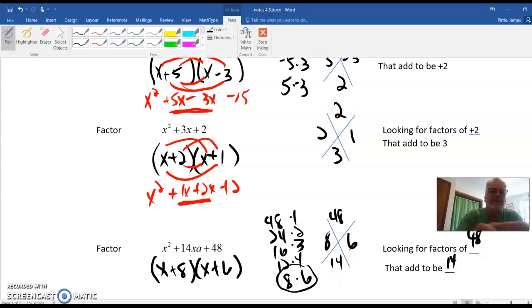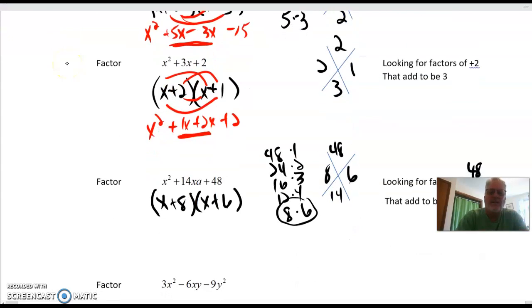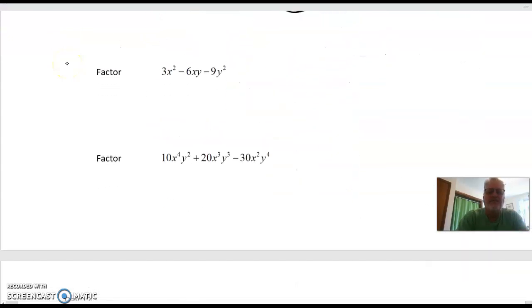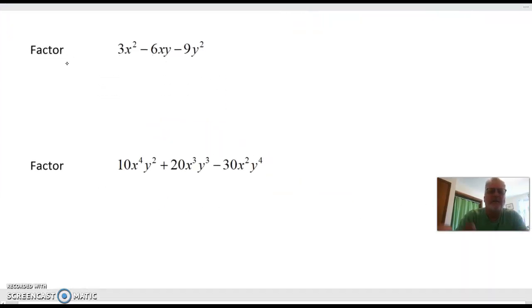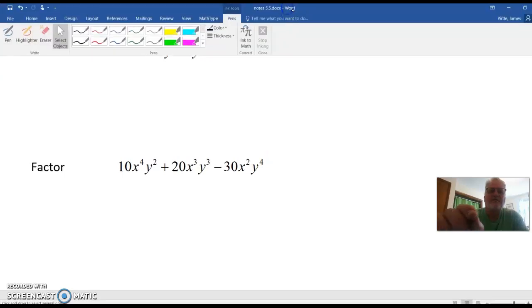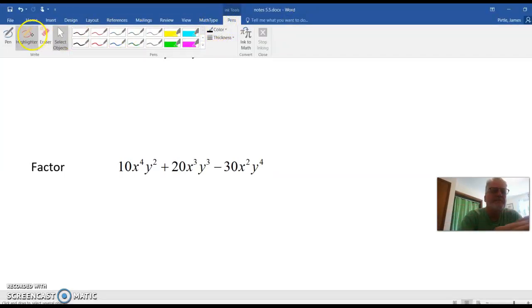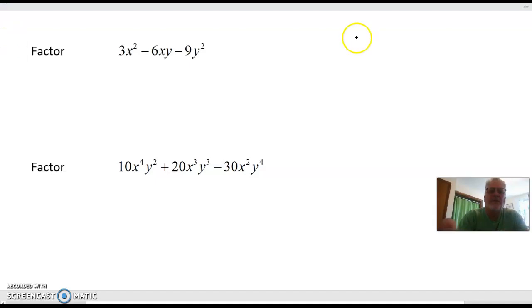Okay, so let's keep going, make it a little bit more complicated, a little bit harder. I need to factor out a 3 first. I didn't stress the GCF on those others, but you always want to look for a GCF.